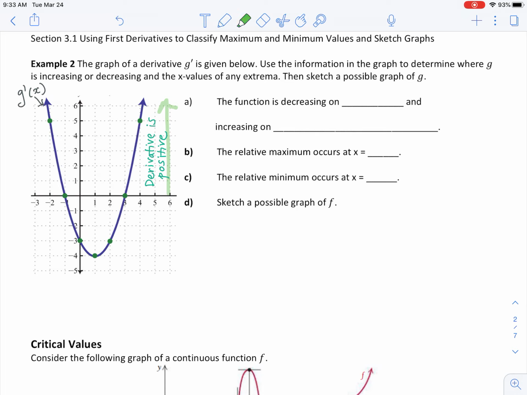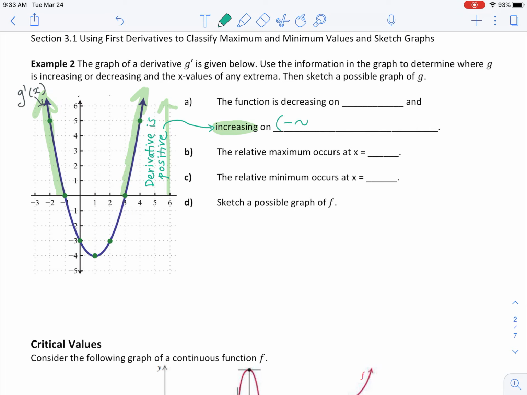So what part of this graph is above the x-axis, guys? Right here, this section right there. And that section right there, what I just highlighted in green, is where this graph has positive derivative. And positive derivative implies that the original function g is increasing, right?